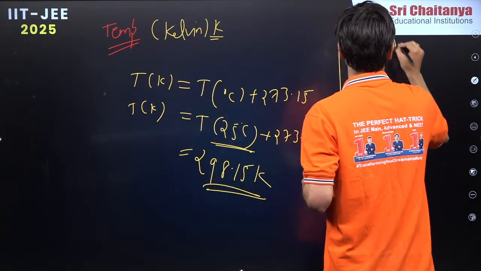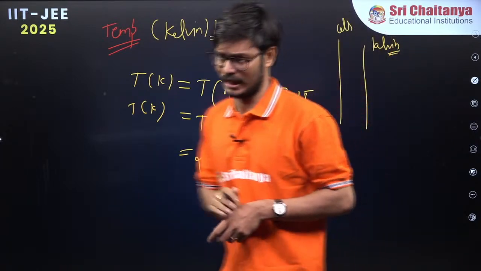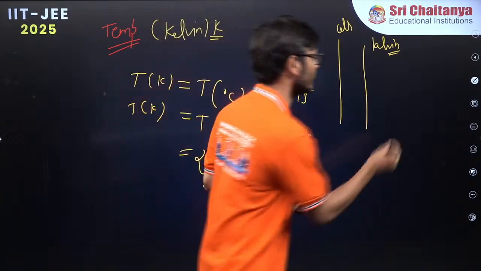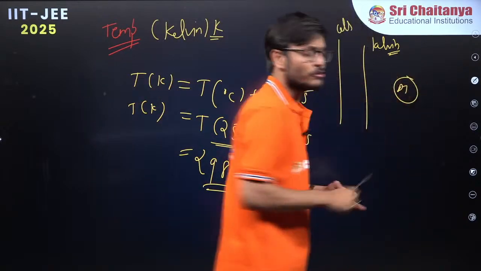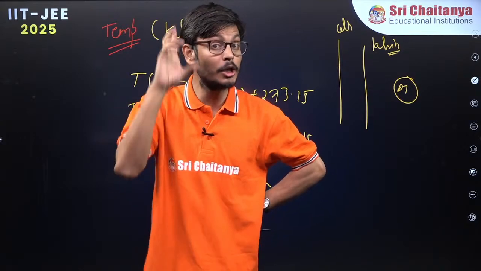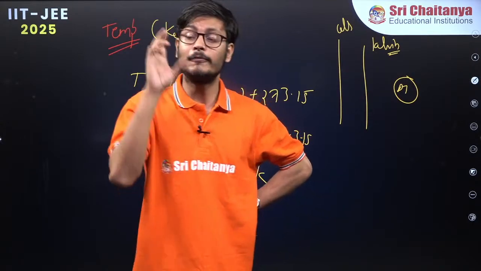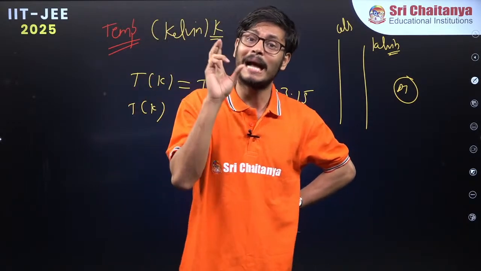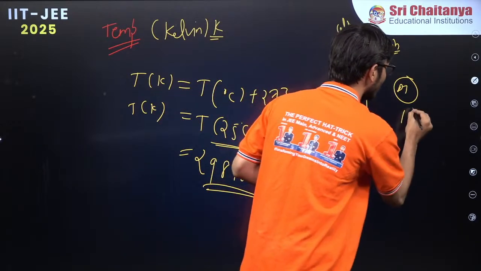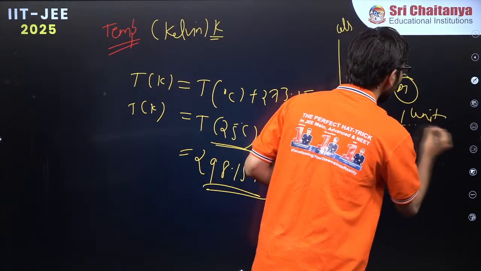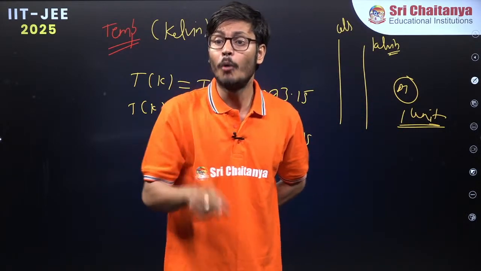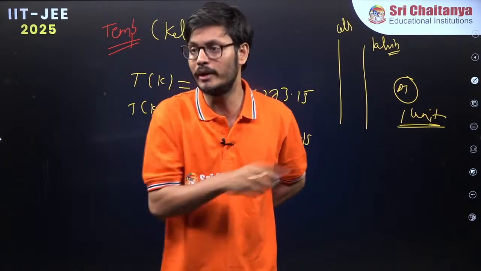If I change the temperature, delta T, on the Celsius scale by 1 unit, listen to my question carefully, what will be the change in temperature on the Kelvin scale? Tell me fast.